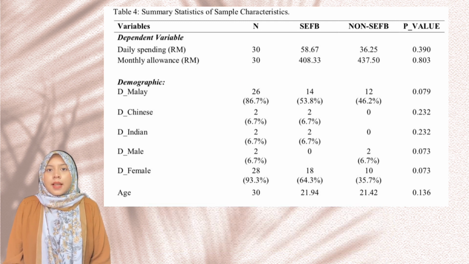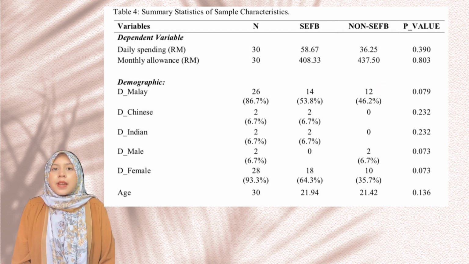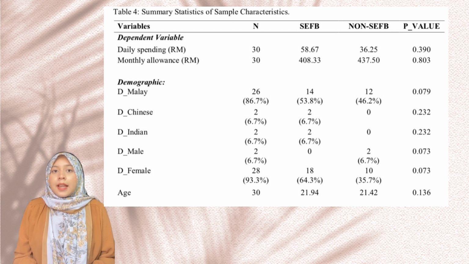There is no statistically significant difference in how a student's monthly allowance affects their daily expenditure because the p-value is 0.803.